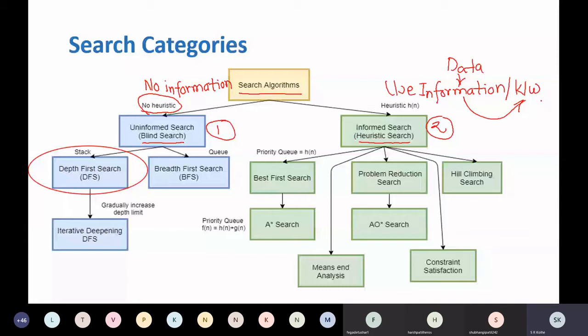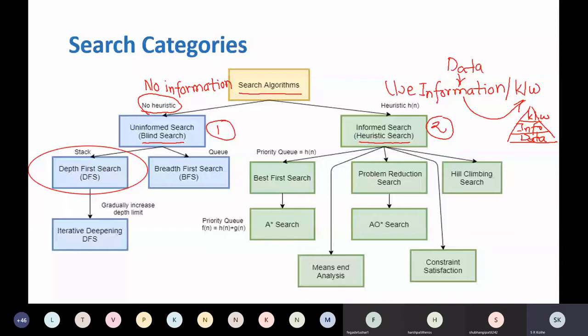So to understand this difference we use this pyramid diagram. In this pyramid diagram at the bottom we have data, then above that we have information, and above that we have knowledge.